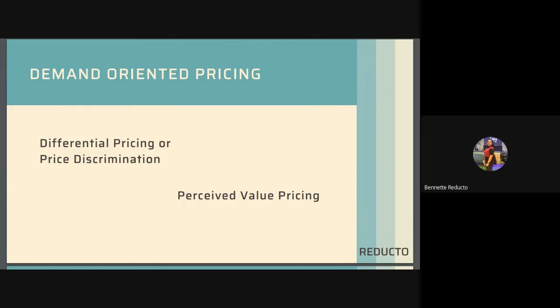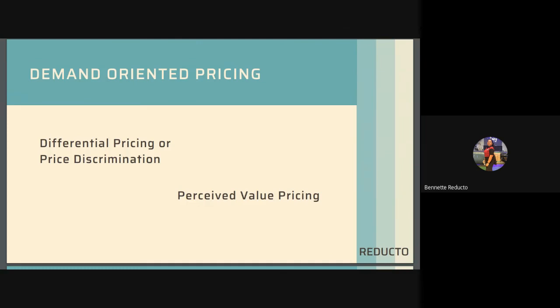For example, on holidays like Christmas, the demand for toys will be high. So the business and the industry will take this into consideration and usually increase the price of toys.